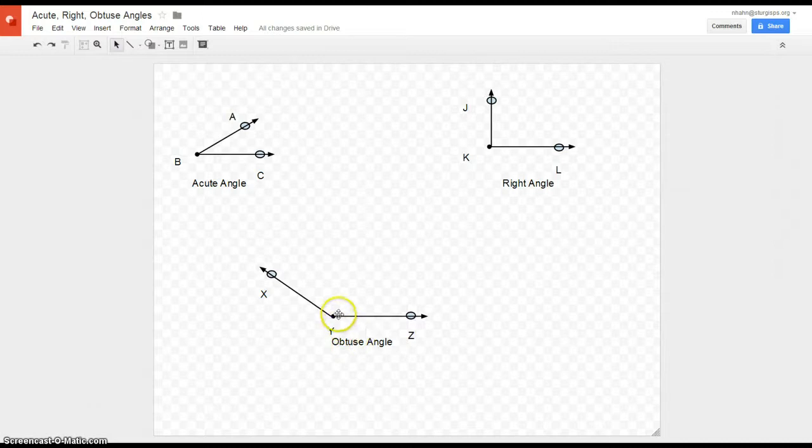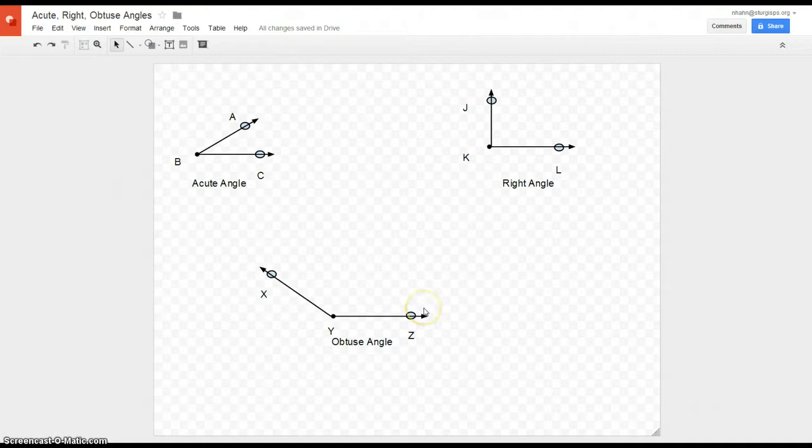And it's an obtuse angle because it's bigger than 90 degrees, so the space is larger than a square corner, but it's smaller than a straight angle, which would be 180 degrees, and the ray would come straight out. So this is an obtuse angle.